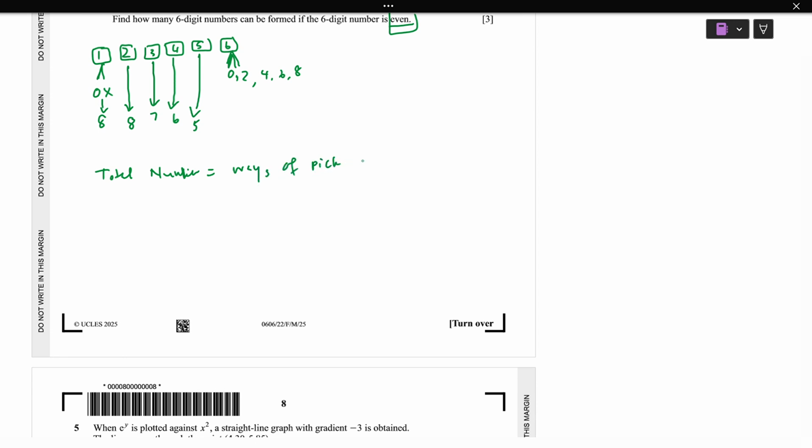First digit and the last digit have conditions, the rest of the digits have no condition.